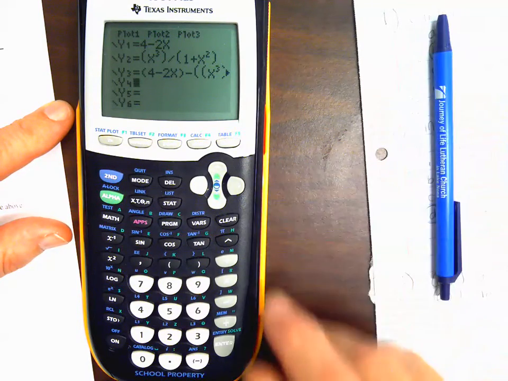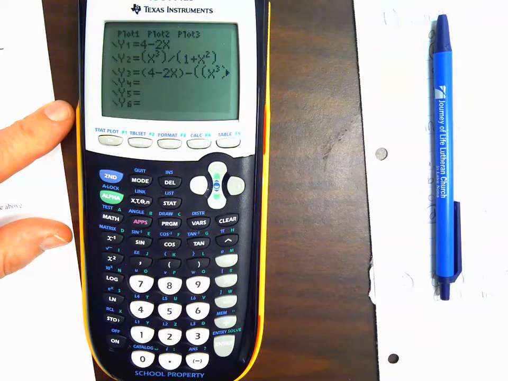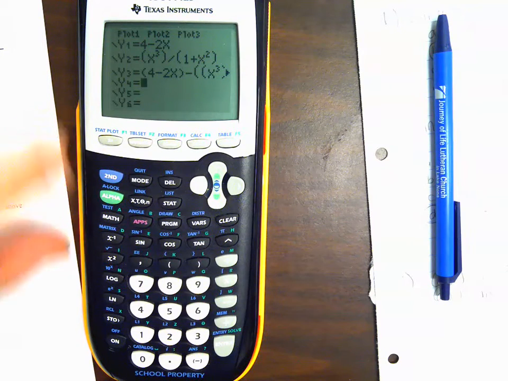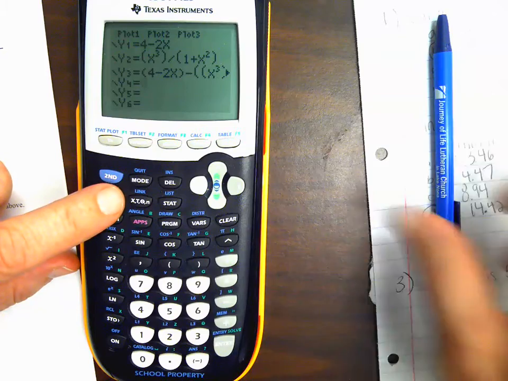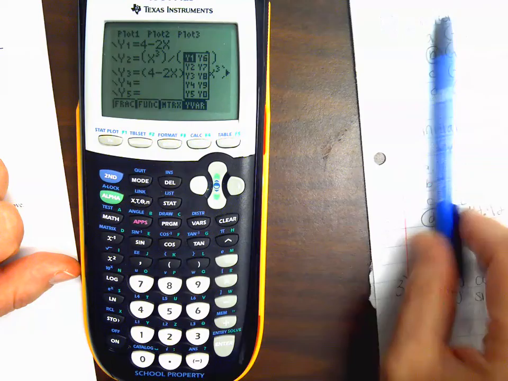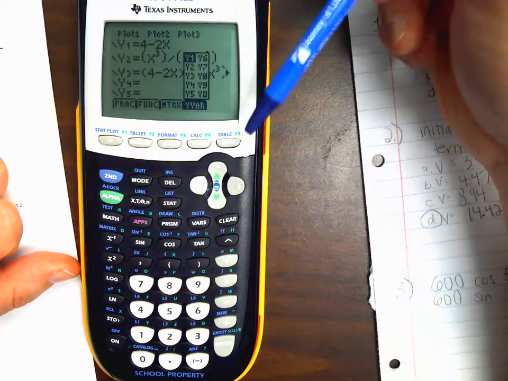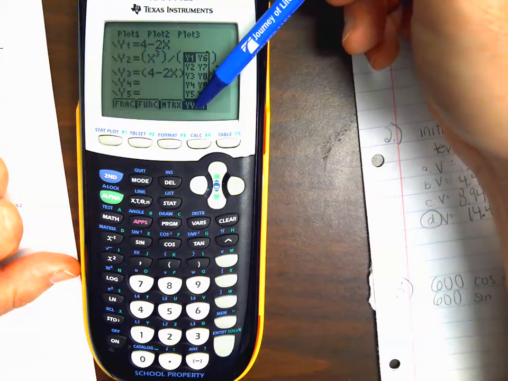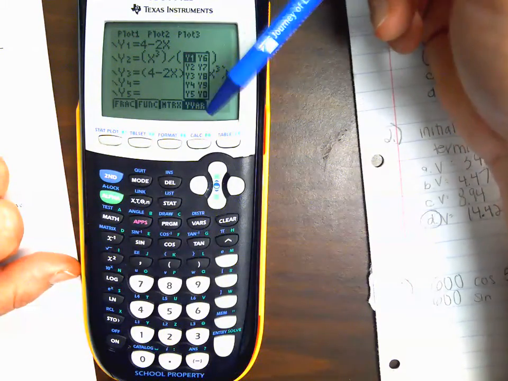But, ready for the power play? Here we go. I know that I need y1 and I need to subtract y2. So I'm going to press alpha, this button right here, and then F4, and I'm going to get a menu. These four things are the y variables, or whatever that says, Y-VARS.